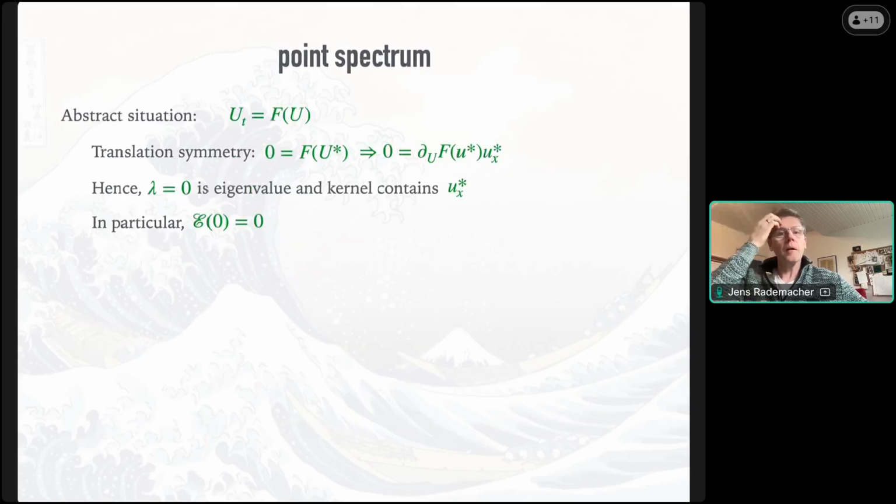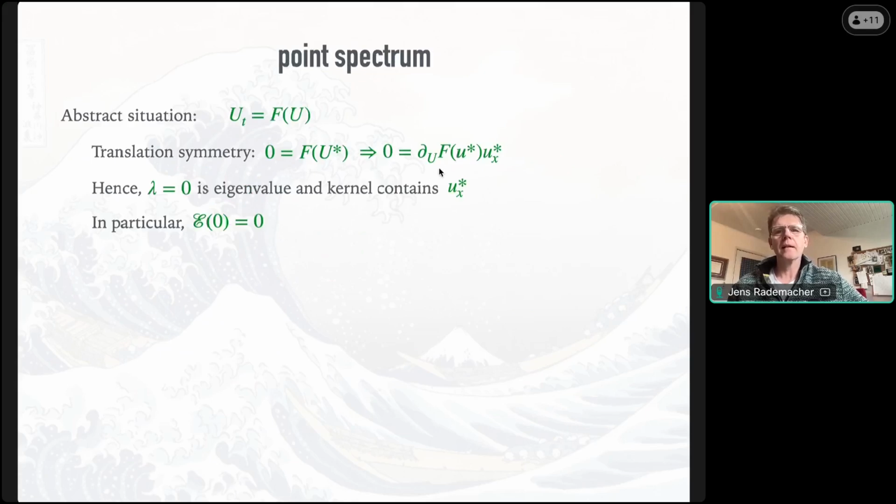And one aspect of the point spectrum can be understood very easily because we have translation symmetry, which means that if we look at this equation of the traveling wave existence once more, then we can differentiate with respect to space. So what I'm doing here is I differentiate this equation with respect to x, the space variable.